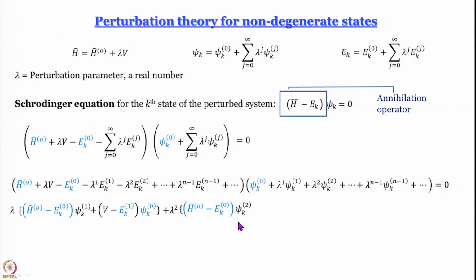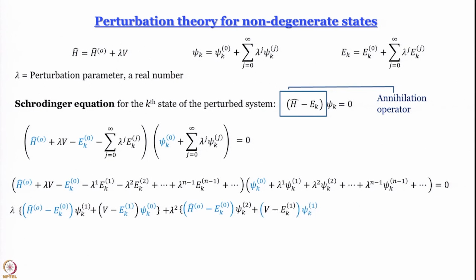Okay. What else do I have? Do I have anything in the first order correction to the wave function? So, here I have lambda psi k first. If that is operated upon by again lambda v, then lambda square will come out, and if it is operated upon by this lambda into ek first, then once again lambda square will come out.